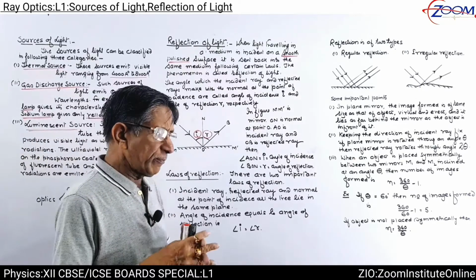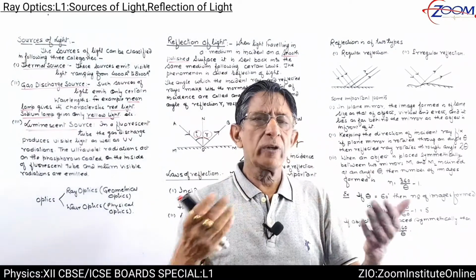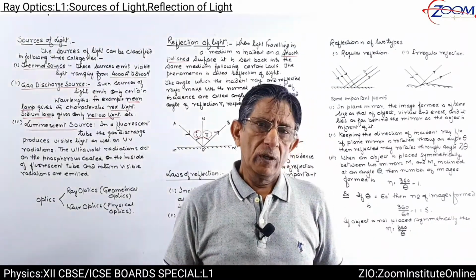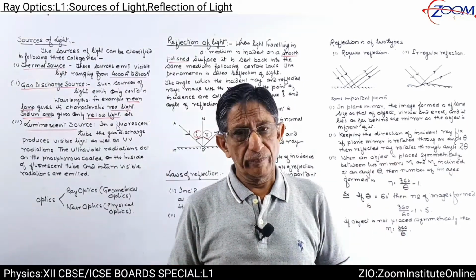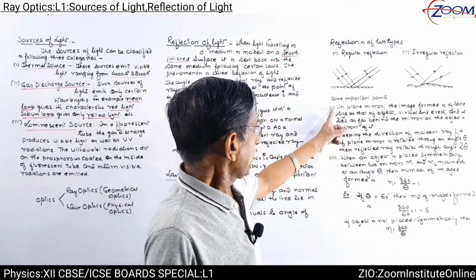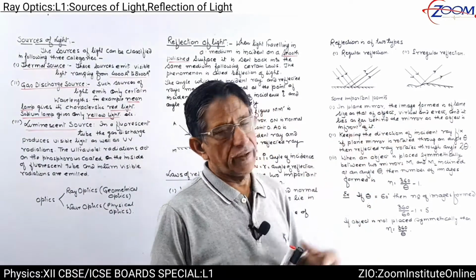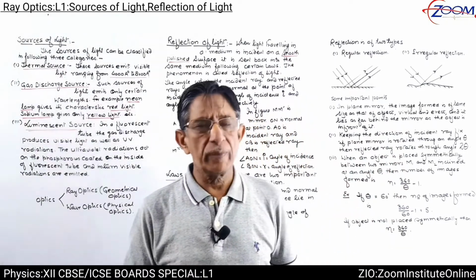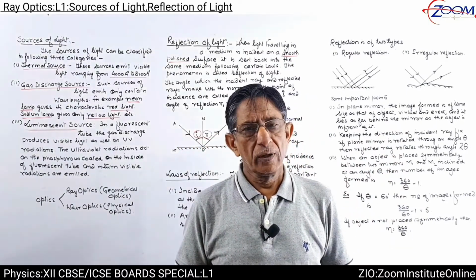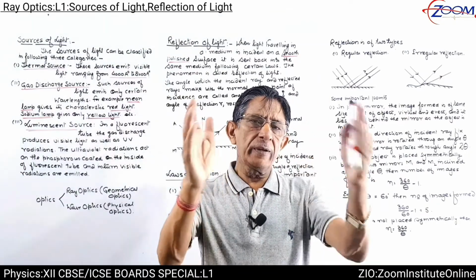Students, there are certain important points about reflection through a plane mirror. In case of a plane mirror, there are certain interesting points. Number one, in a plane mirror, the image formed is of the same size. You daily see your face, your image, in the plane mirror at your home. You will observe the size of the image is the same as that of the object.